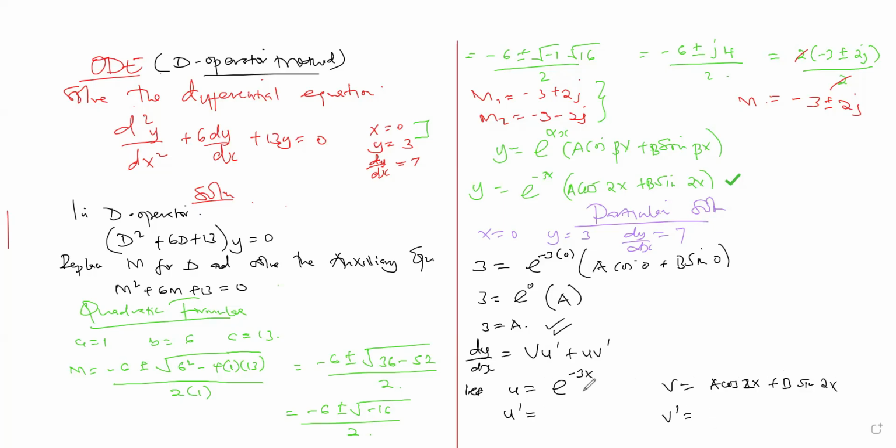When you're differentiating an exponential function, you drop the power, so you shall have negative 3 exponent negative 3x. Remember, the value of exponent does not change; you're only dropping the power. Then we have trigonometric. When you differentiate cos, you get negative sine. When you differentiate sine, you get cos. But you remove the constant.